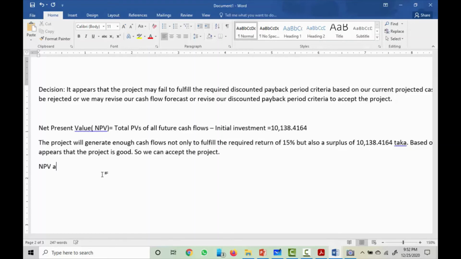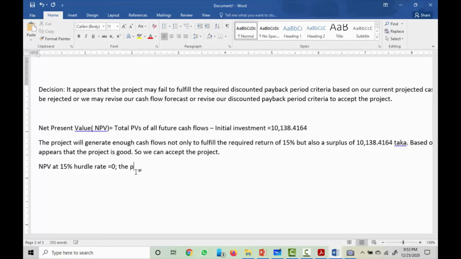If you get NPV at a 15% hurdle rate and it is 0, what does it mean? NPV 0 means you will only get your required return, no surplus.